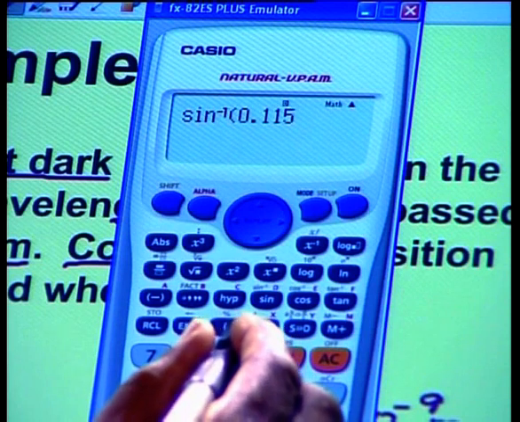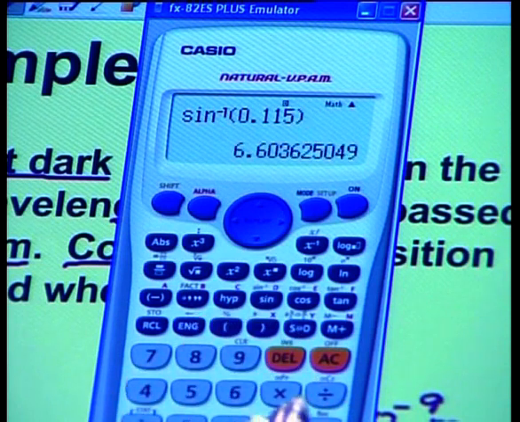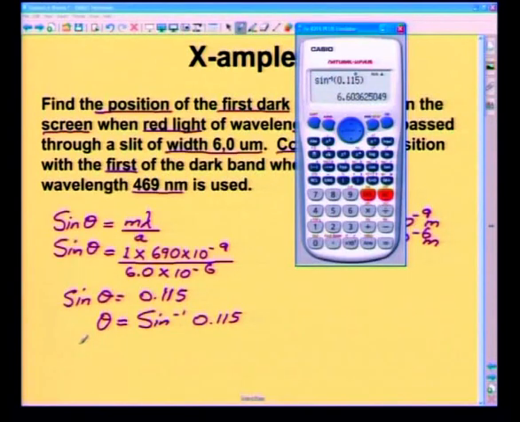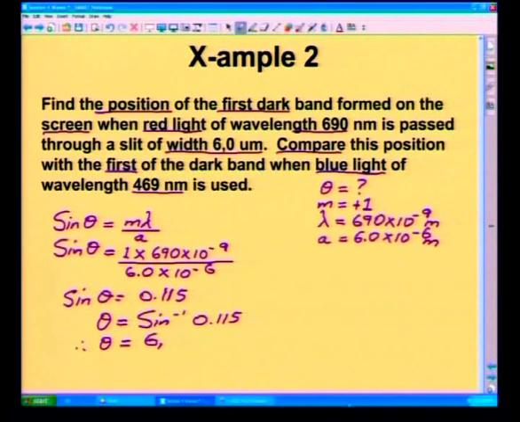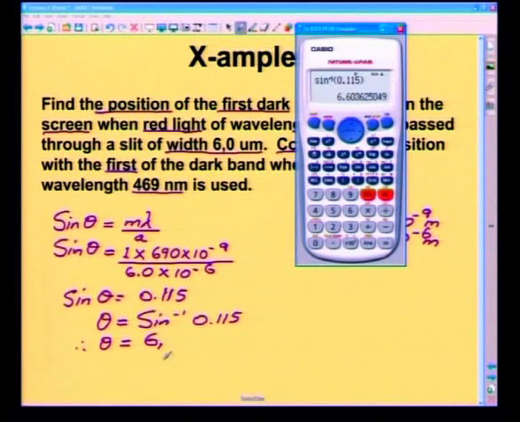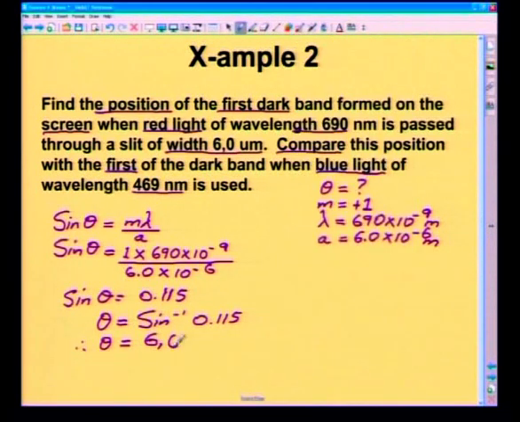And then what will that be? We will see that the angle is 6.60. So therefore, theta is 6.60 degrees. So that is the value of theta.